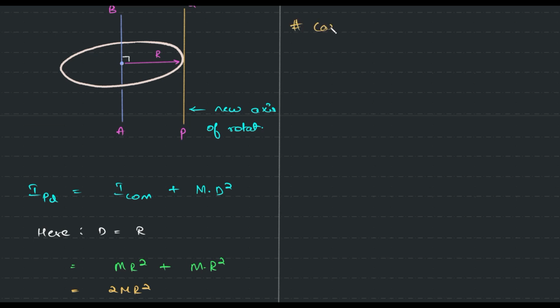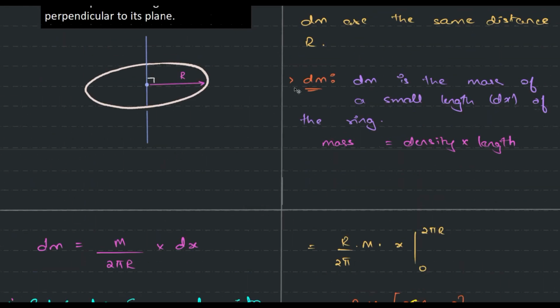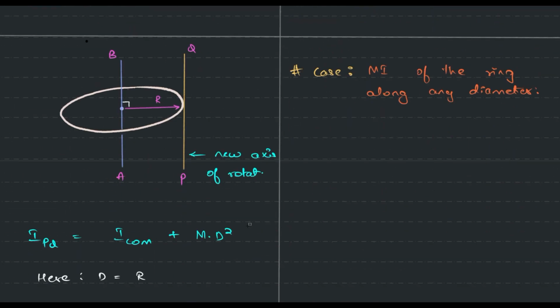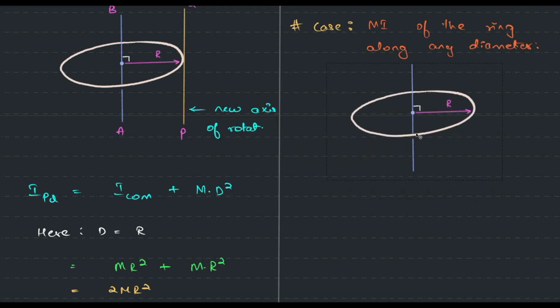Now let's look at a case wherein you have the moment of inertia of the ring along any diameter. So diameter is nothing but this.